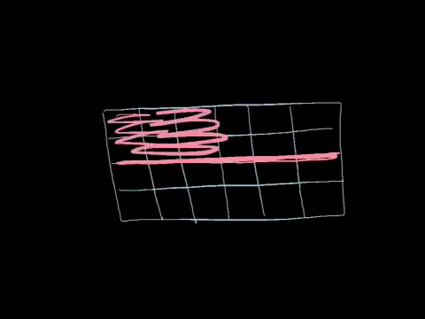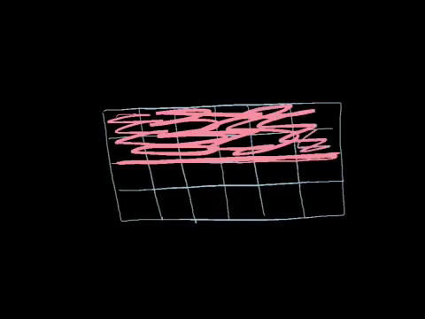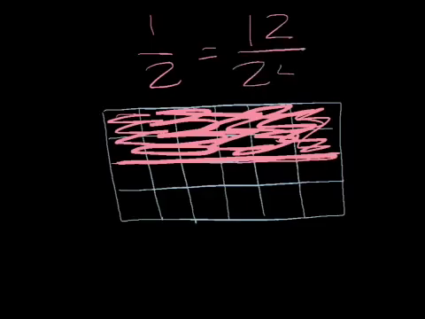I can prove by counting the boxes that each part is equal and that this is 1 half of my 24, or 1 half is equal to 12 24ths.